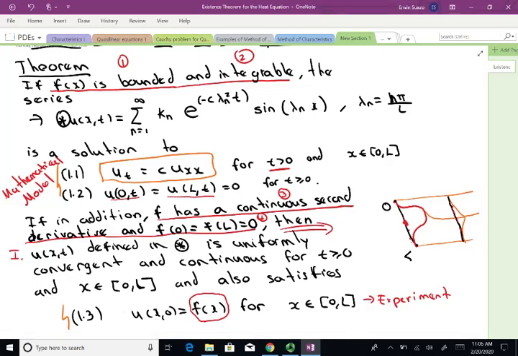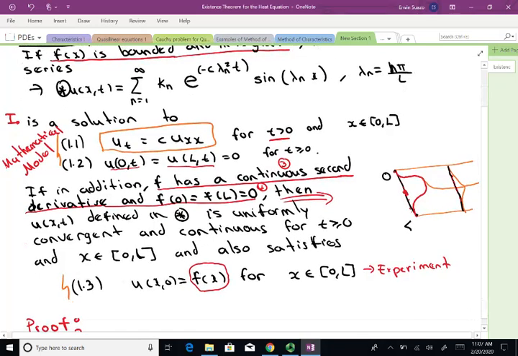Sorry, no, that's not the first statement of the theorem. The first statement says that if f is bounded and integrable, the series is a solution of this. It's saying that this series is a solution of 1.1 and 1.2. That's the first thing we need to check.